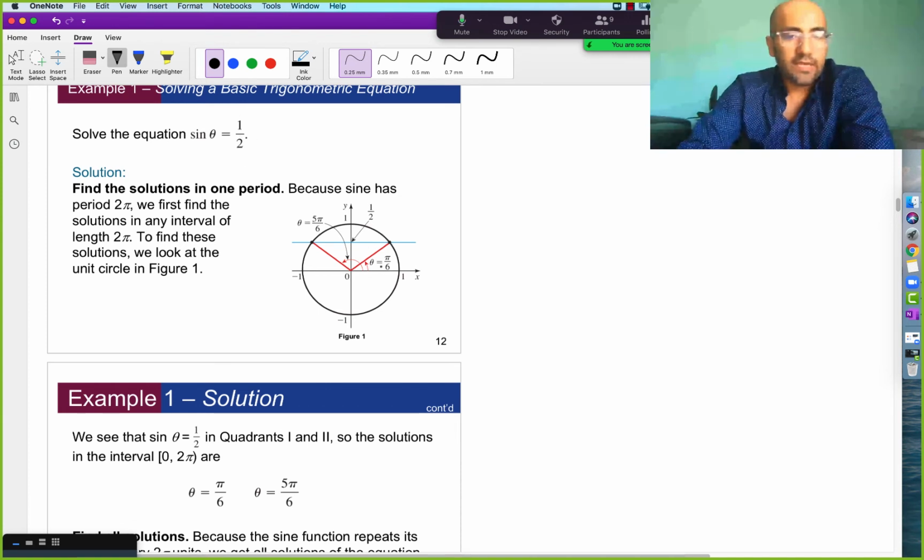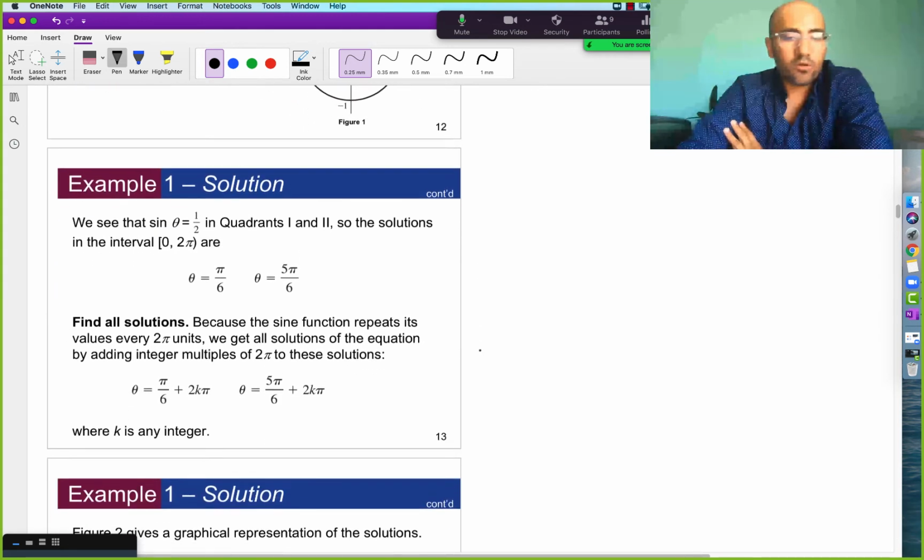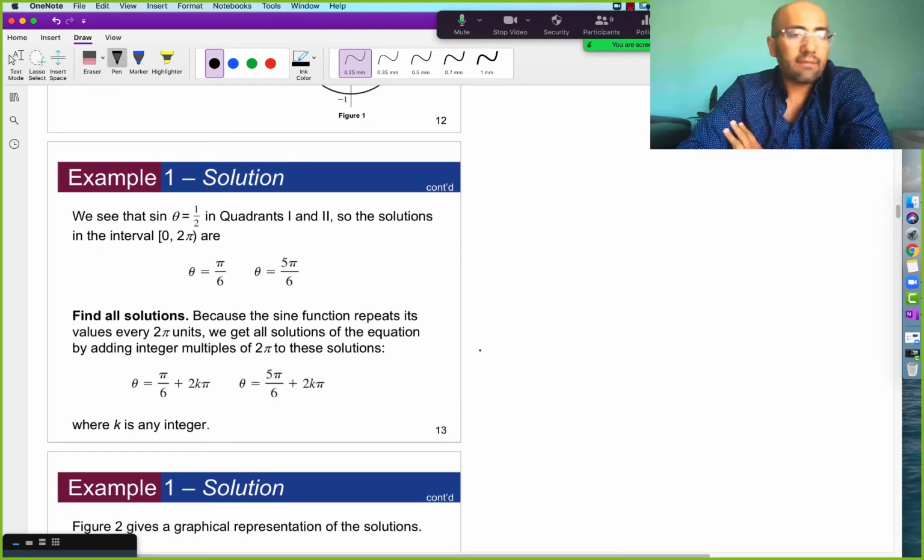Positive 1/2 in quadrants 1 and 2. So you find your two values and then you add multiples of 2 pi. And so here they left it as a plus 2k pi, keeping in mind that k is an integer, so it could be positive or negative. So don't forget that you're allowed to subtract multiples of 2 pi.